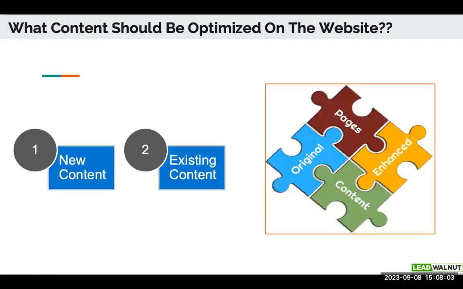We need to optimize different types of content on our website, right? One has to continuously create new content, right? That's very important from Google's perspective and the search engine perspective, and more so from the user's perspective. Users want to see fresh content on the page, on the websites, right?